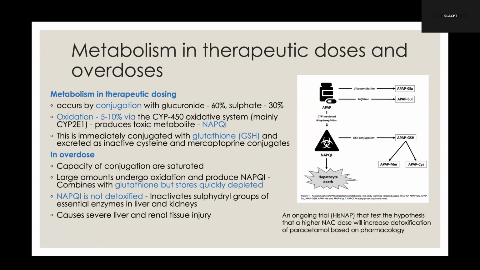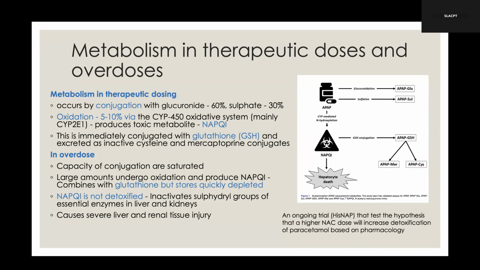So I think most people are aware of the metabolism of paracetamol, which differs in therapeutic dosing and in overdose. So in therapeutic dosing, vast majority undergoes conjugation, and only a small percentage of 5 to 10% undergo oxidation, particularly by CYP2E1. And that produces the toxic metabolite NAPQI, which conjugates with glutathione.